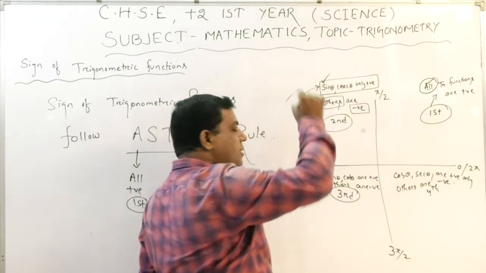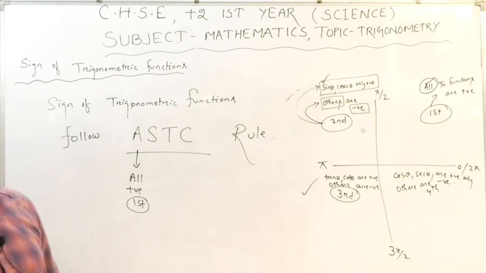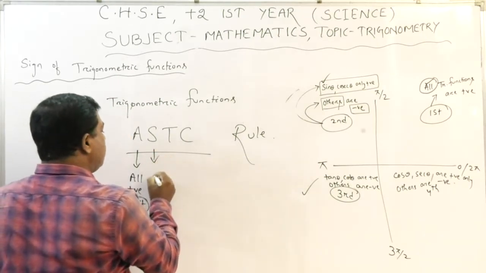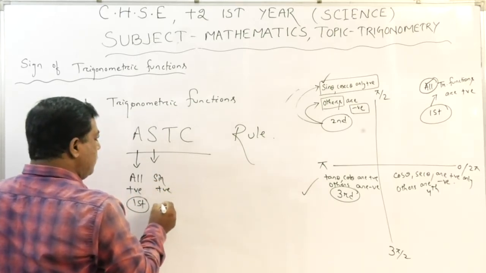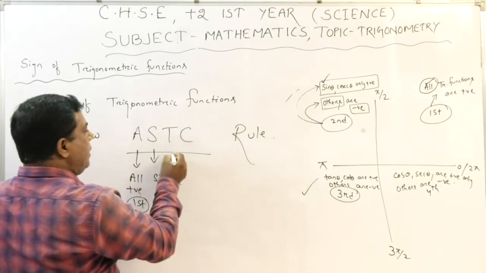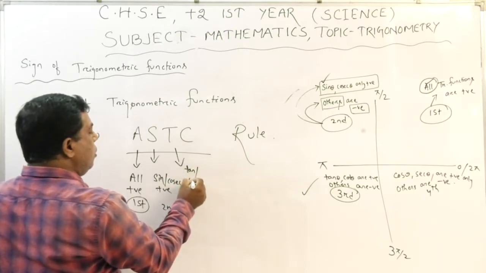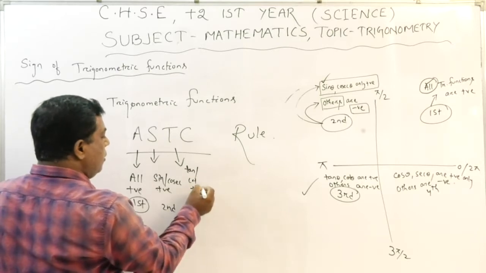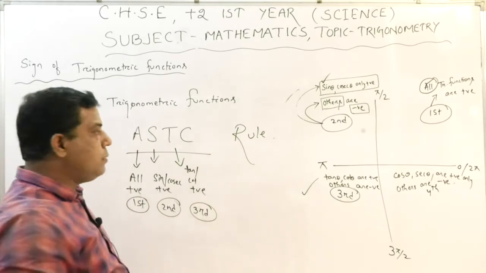Now you are clear: sin theta, and obviously its reciprocal cosec theta, is positive. So S stands for sin positive, and it is for the second quadrant, sin and cosec. And T stands for what? Tan or cot positive, and it is for the third quadrant. And C stands for what?